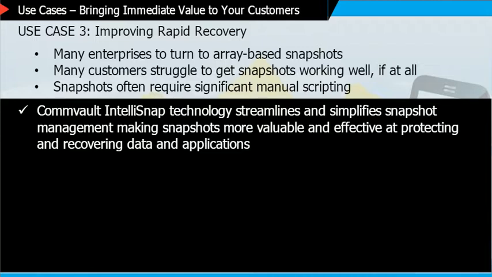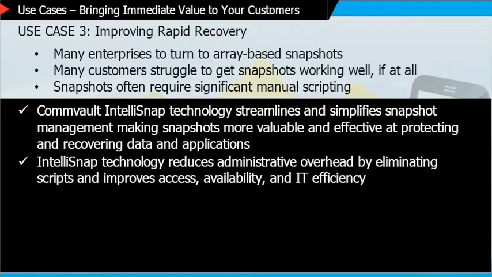Commvault IntelliSnap technology streamlines and simplifies snapshot management, making snapshots more valuable and effective at protecting and recovering data and applications. IntelliSnap technology centralizes snapshot management across heterogeneous storage platforms, automates and orchestrates file, object, application, and database recovery, indexes snapshot contents, making them searchable, while also enabling granular recovery, integrates snapshots with backup and archive processes, and simplifies data protection and lifecycle management using a single interface.